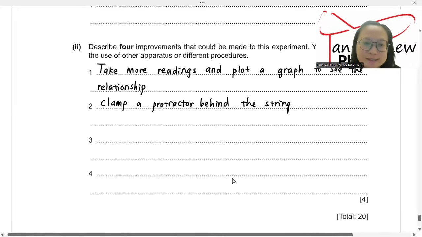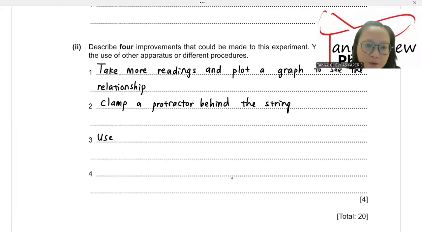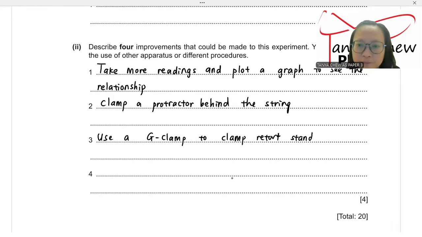So the suggestion is to use a G clamp to clamp the retort stand to the table.